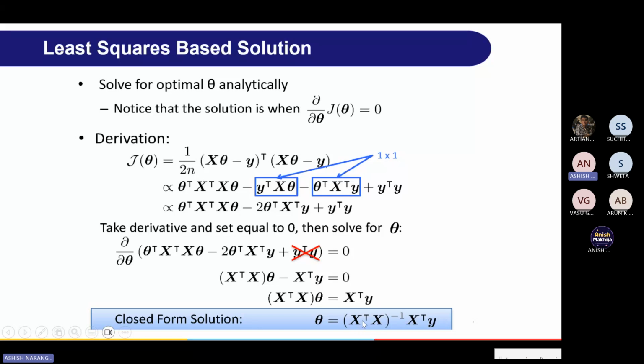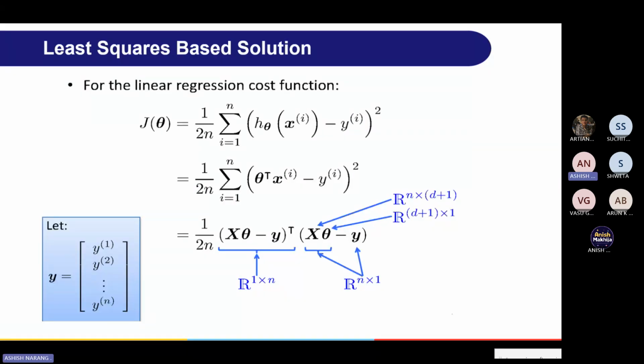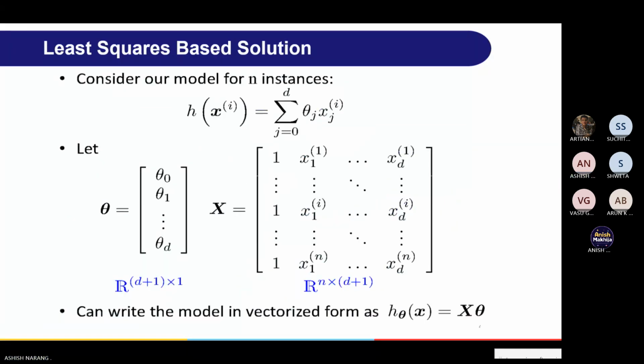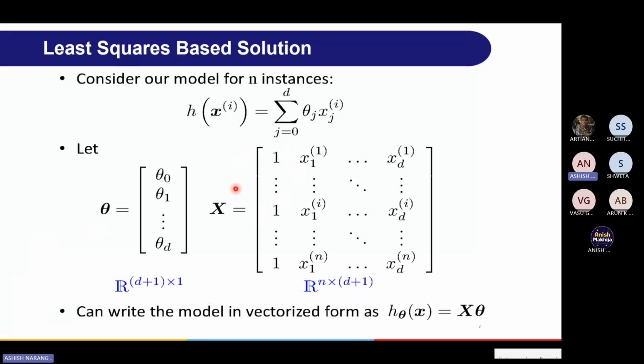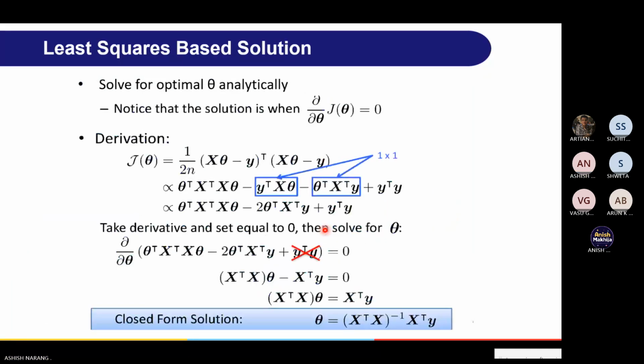X transpose, what is X? X is this whole input matrix. Transpose, you know how to find. Multiplied with X, then take the inverse of this, then X transpose Y. You multiply all these things, and you get your optimal values of thetas in one go.